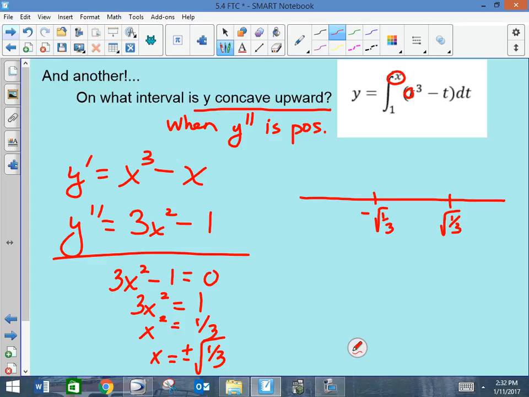All right, so y double prime up here is positive. Remember that's a quadratic. If your 3 is positive, it's going to open up. So technically it goes like this. That's how we did that so quickly. So concave up is where?